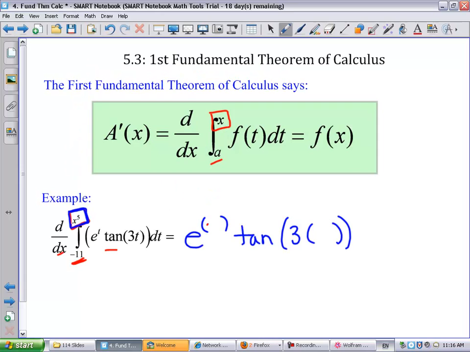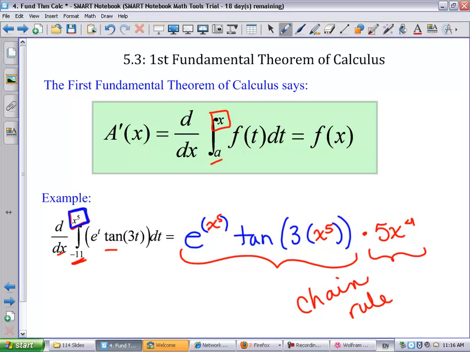So we're going to put in the x to the 5th everywhere we normally would have put an x. So instead of replacing all the t's with x's, we replace them all with x to the 5th. But then we're not done, because this is just the first part of the chain rule. We then have to follow it by the derivative of x to the 5th. Does that make sense?